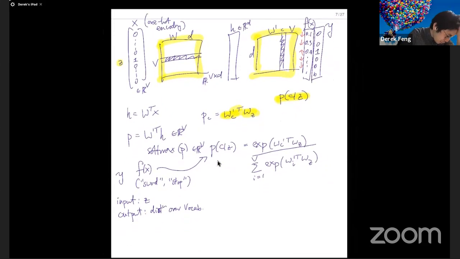The way you can think about this is we have data X and Y, and in fact the data X and Y is going to be the words, like sword and stop, for instance. Usually with X and Y you think of the input and output.